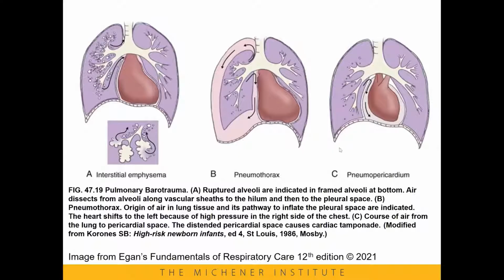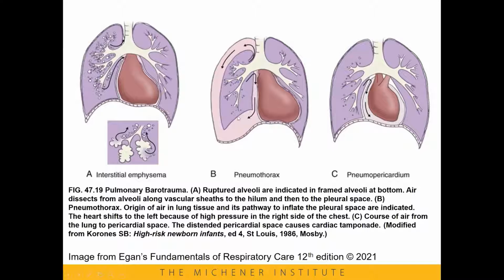Here you can see interstitial emphysema, and you can see that there is air going into the subcutaneous tissue. These little white bubbles are symbolic of air or gas bubbles going into the tissue, and I have a slide that talks about this in a bit more detail.